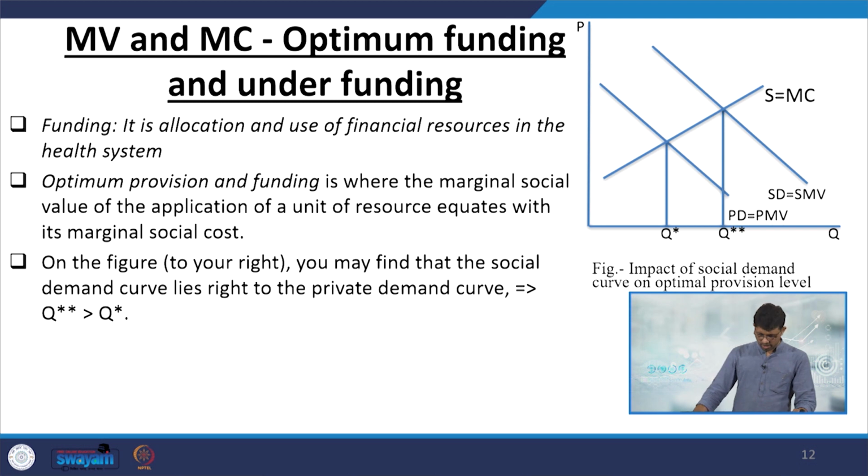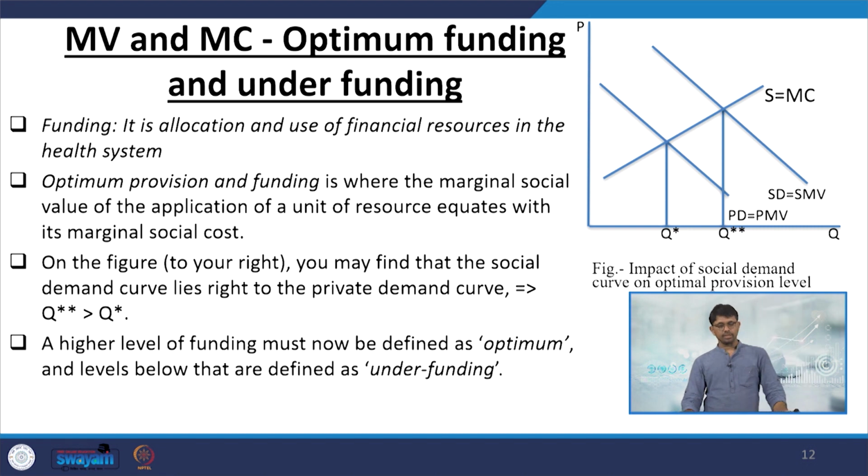In this figure, we find that the social demand curve, basically we have taken a parallel shift for simplicity. The social demand curve lies to the right of the private demand curve, given the marginal cost valuation, that is the supply curve.